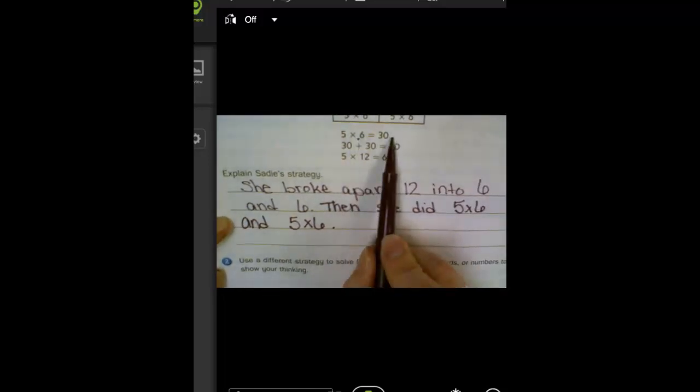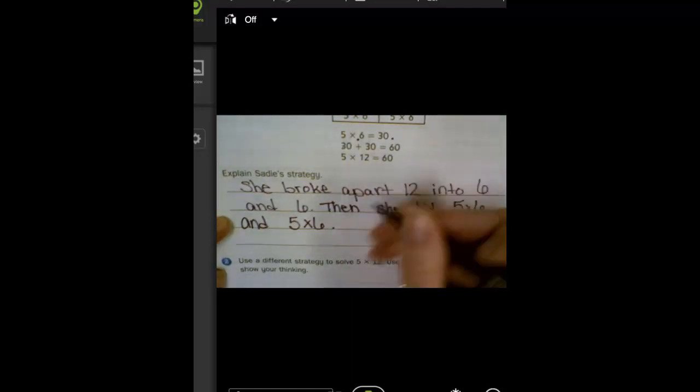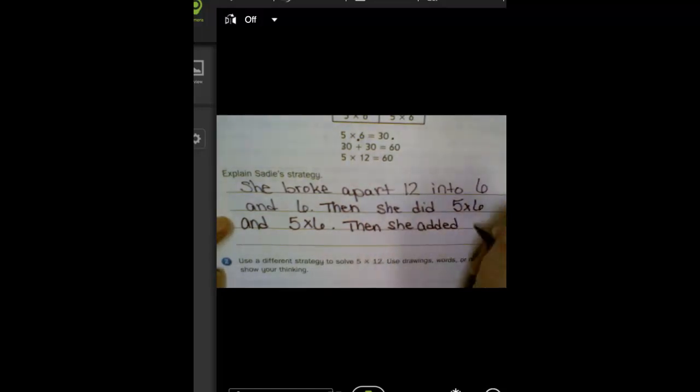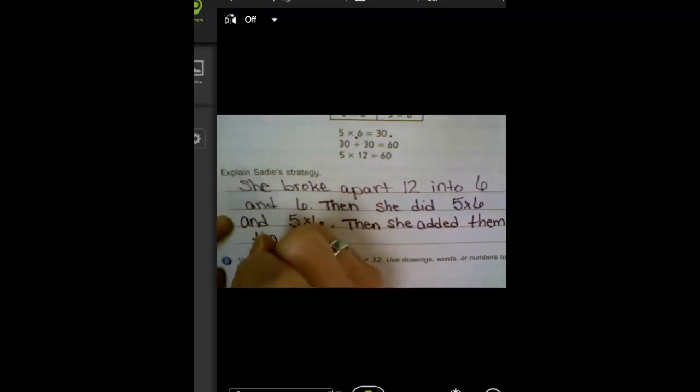Then the last step, so she did 5 times 6 equals 30. So she had 30 and 30. Then she added them together.